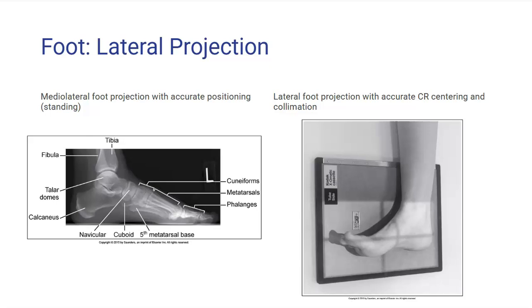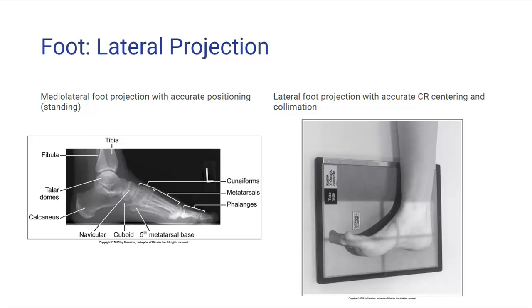In the average medial arch, 1/2 of the cuboid is visualized posteriorly to the navicular bone. The talar domes are aligned anteriorly and posteriorly. The anterior aspect of the distal fibula is aligned with the mid-tibia.